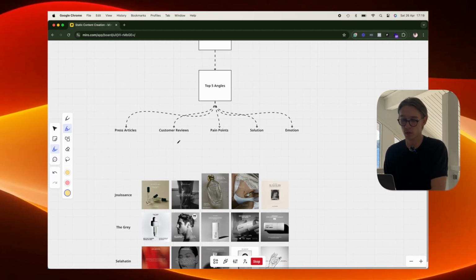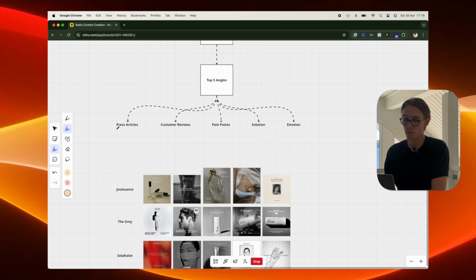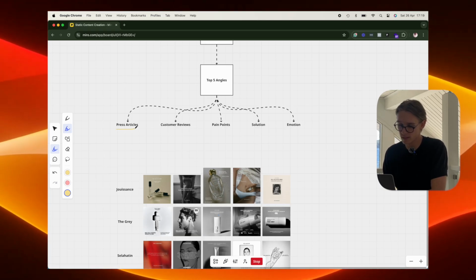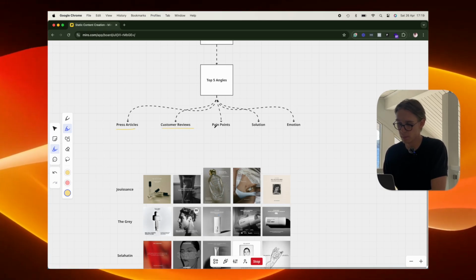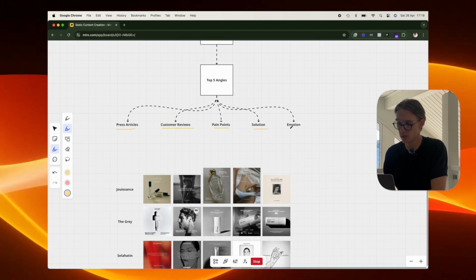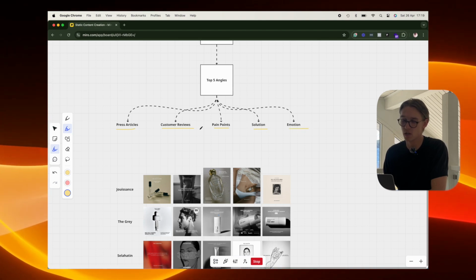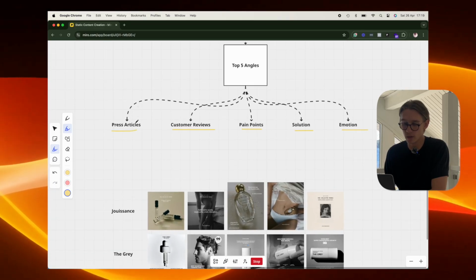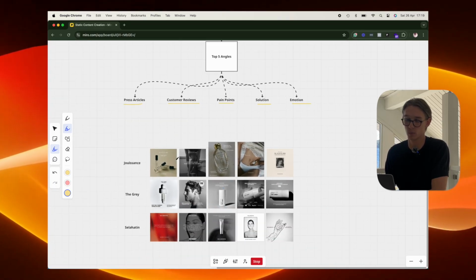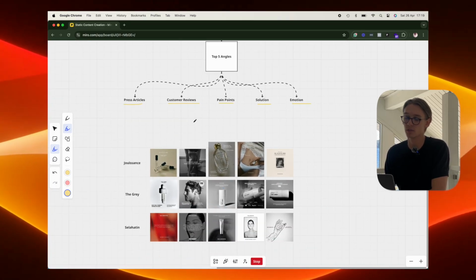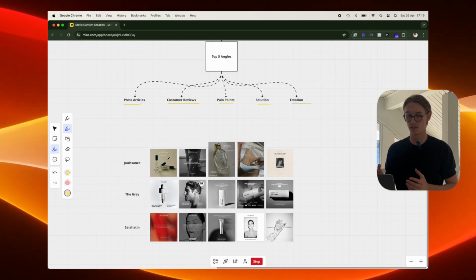The angles that we see work best generally are press articles, customer reviews, pain points, solution, and emotion. These are by far the strongest angles that we can use when working with high-end brands and also when speaking to a customer.